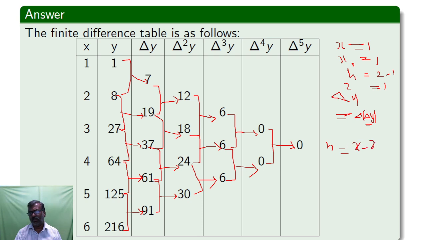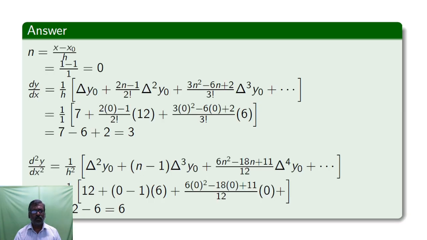See this? So here the n value equals 0. So the n value is considered as 0 here.